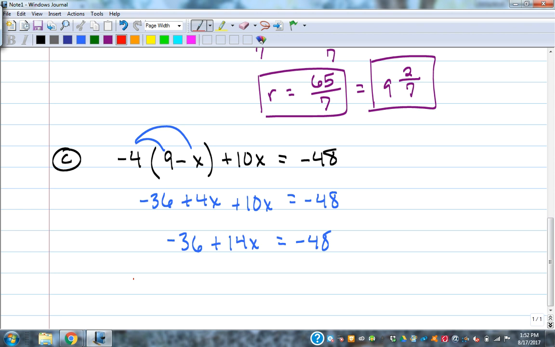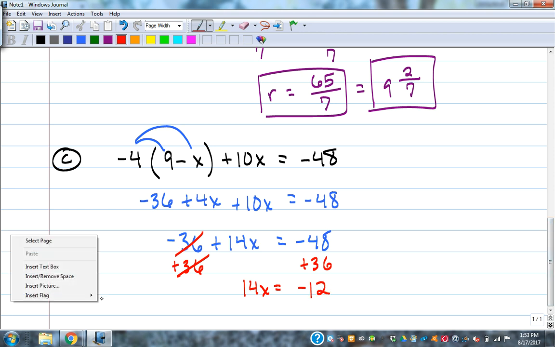Yes, because the left side's got 2 pieces. We need it to have one that has a variable on it, so we need to move this 36. -48 plus 36. -12. Bless you.